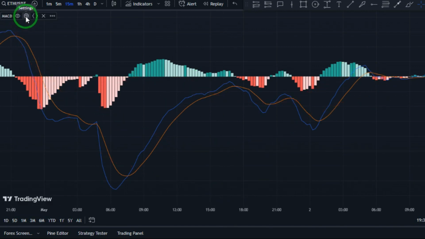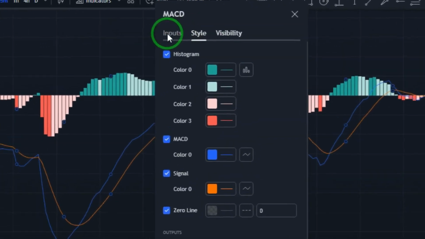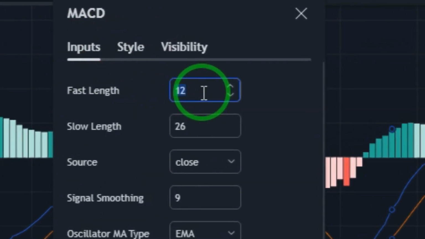We'll set the fast length to 9 and the slow length to 14.